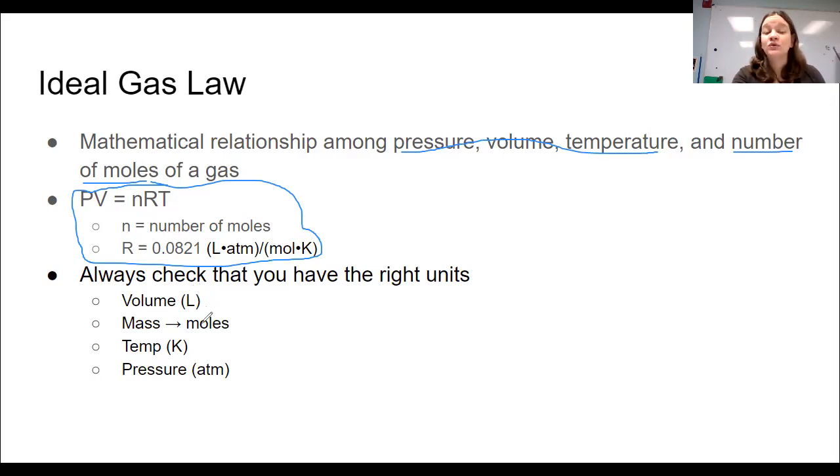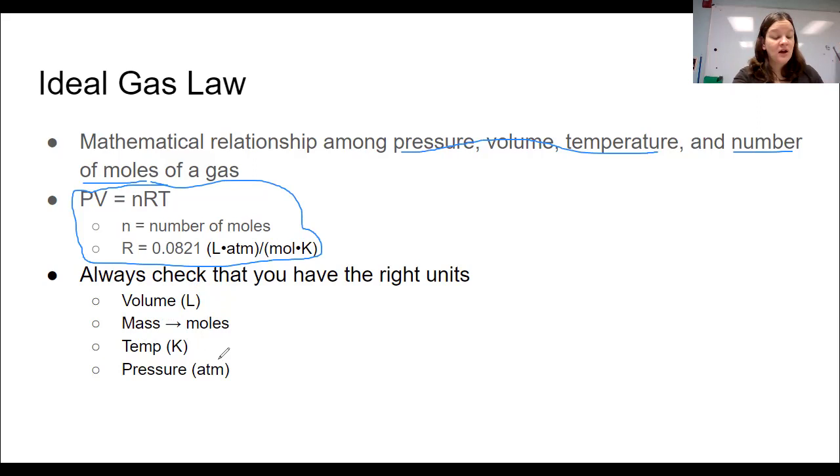You have to be using moles. So if they give you a mass, you have to convert that to moles. You have to be in Kelvin, and you have to be in atmospheres for the pressure. So as you're going along doing the practice problems, make sure that everything is in these units: liters, moles, Kelvin, and atmospheres.